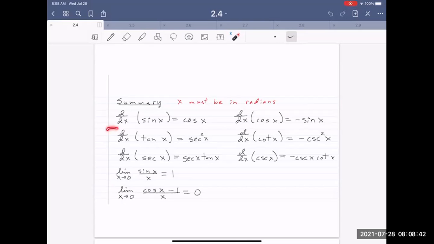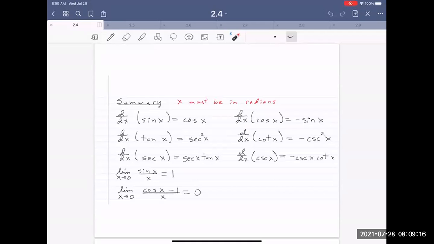The derivative of sine x is cosine x. The derivative of cosine x is minus sine x. The derivative of tangent x is secant squared x. The derivative of cotangent x is negative cosecant squared x. The derivative of secant x is secant x times tangent x. The derivative of cosecant x is a minus cosecant x cotangent x.